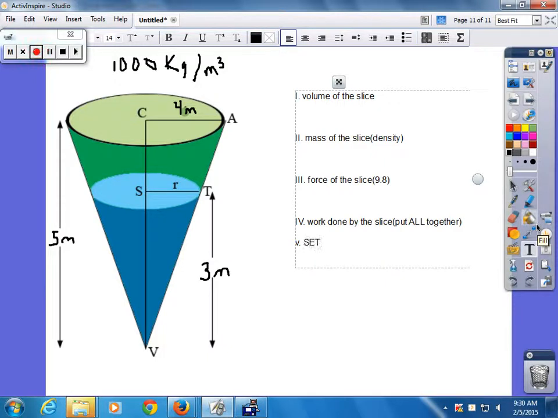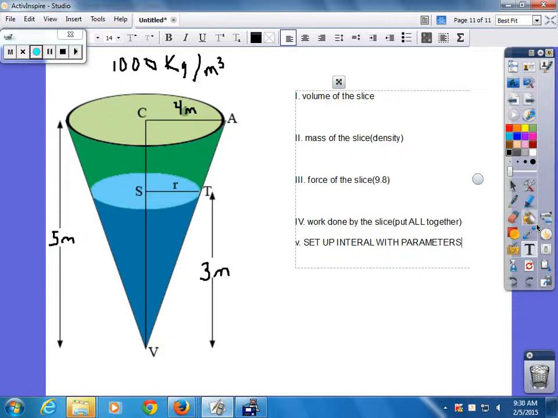Set up the integral with parameters. In that case, it's going to be from 0 to 3. Because once you take 2 of the air out, then it's 0 to 3.